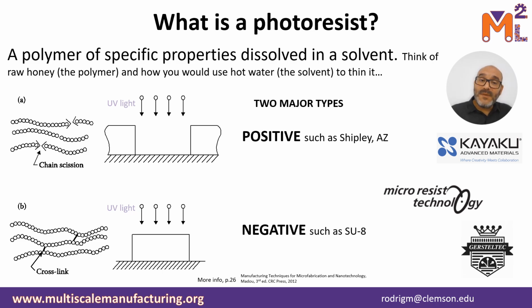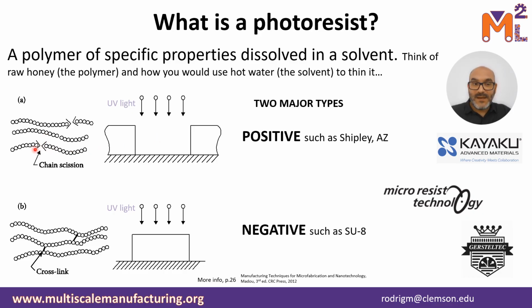So now there can be two major types of photoresist. That will be the positive and the negative tone. In the case of a positive photoresist, such as Shipley or AZ photoresist, when you expose your photoresist to light of a particular wavelength, what happens is that the polymer chains get cut, right?